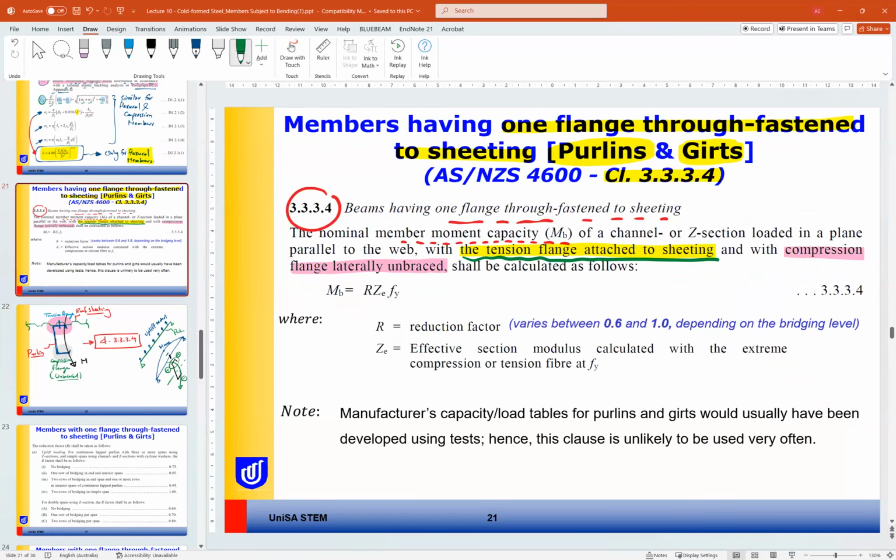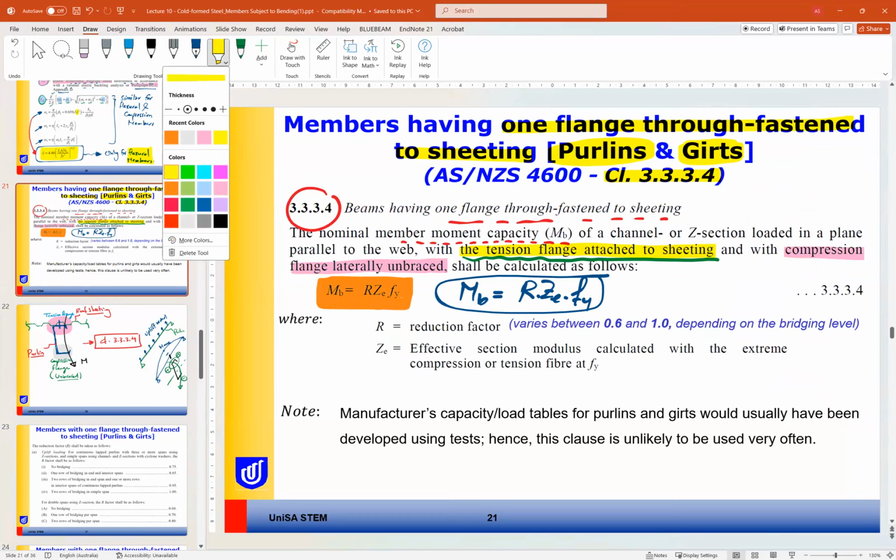So Mb in this case, as you can see, Mb equals R times Z effective multiplied by F yield. So this is similar to what? The section capacity.